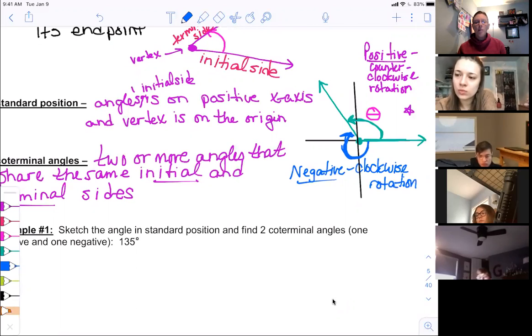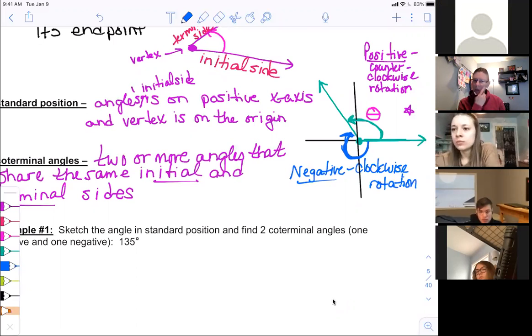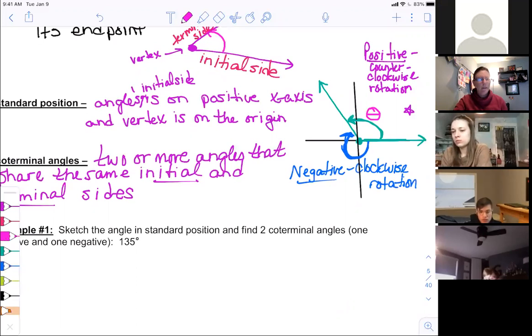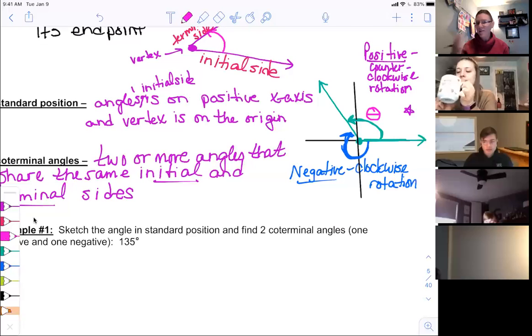What do you notice about coterminal angles if they begin and end at the same place? So look at the diagram that I have drawn here. Peter, what do you notice about these coterminal angles? Like markings, like form a circle. Yeah, they form a 360 degrees circle. Exactly. So he said they form a circle. It makes a complete circle.